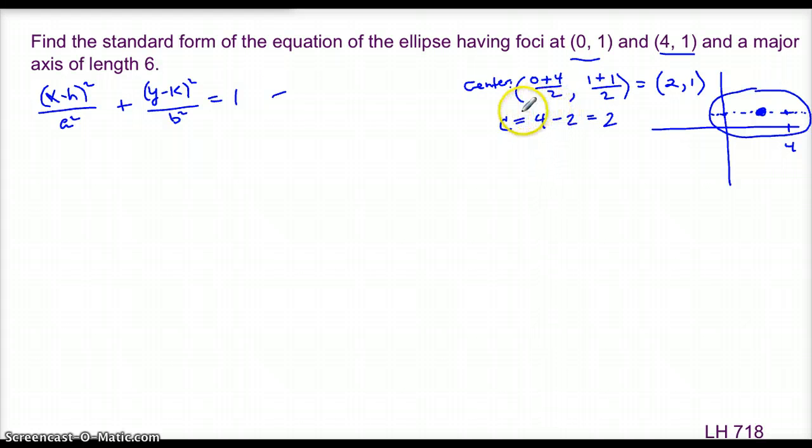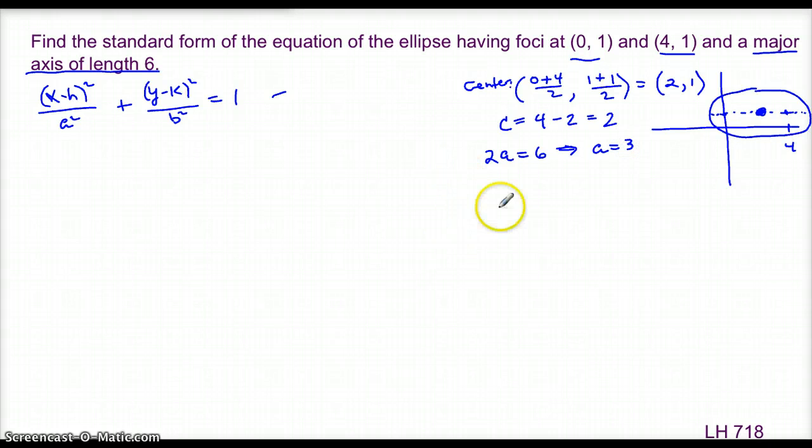Now, to get a, a is half of the length of the major axis. Well, the major axis goes from the center to this vertex. We also know from the problem the major axis length is 6, so 2 times a is equal to 6, which leads us to a being 3.